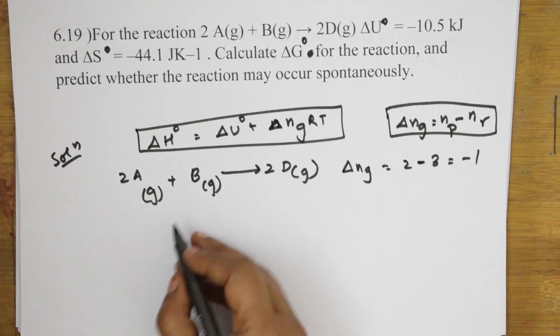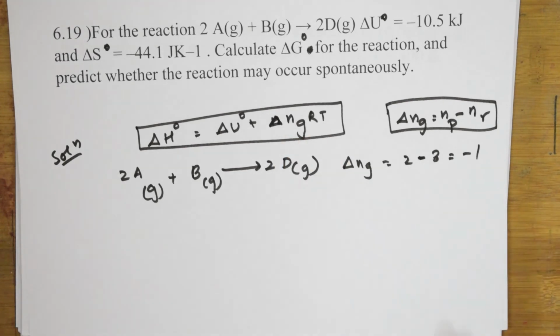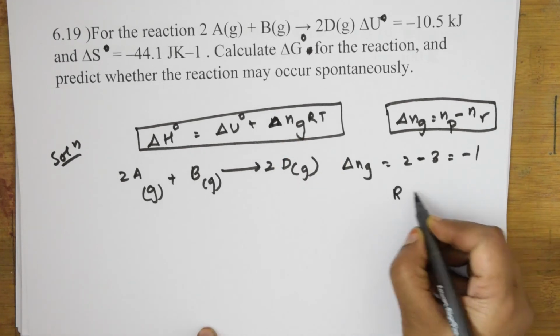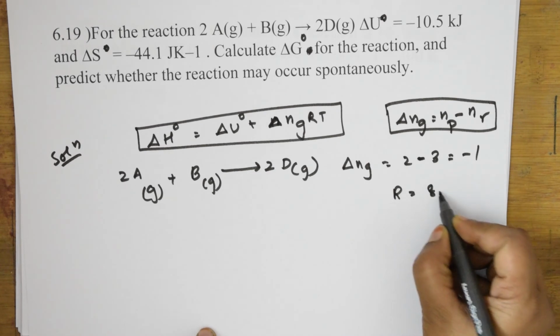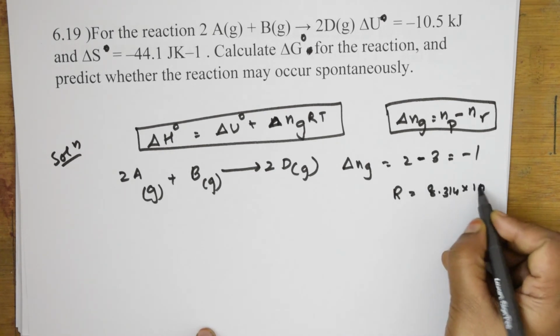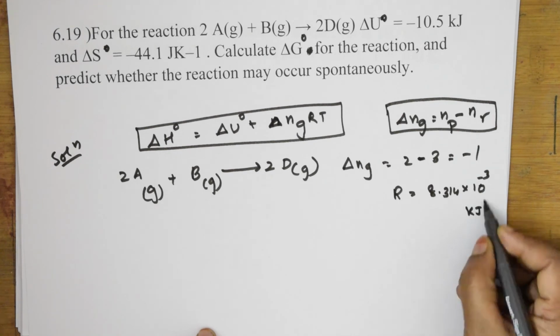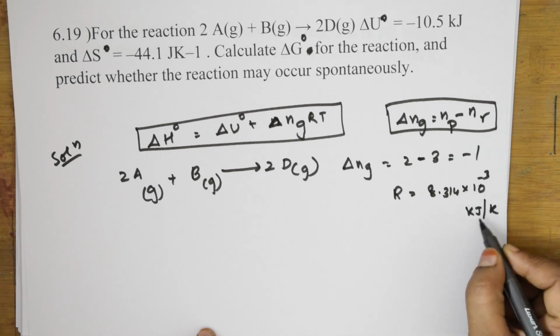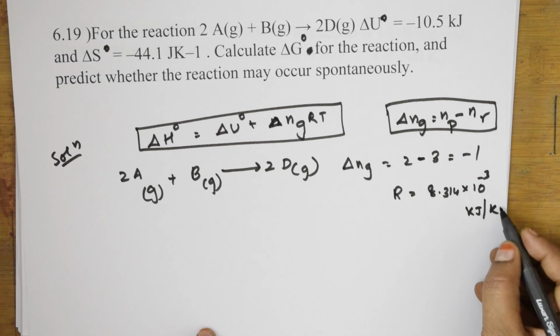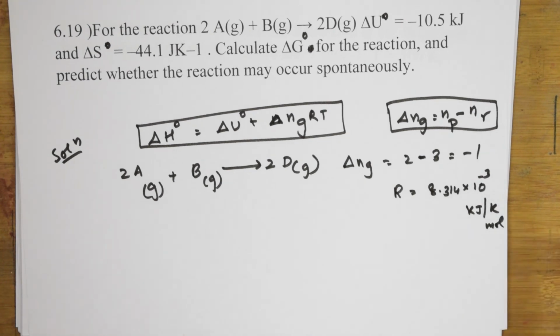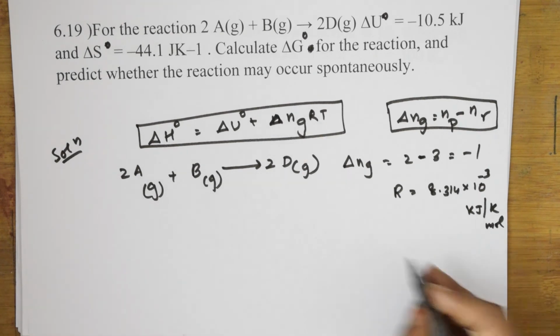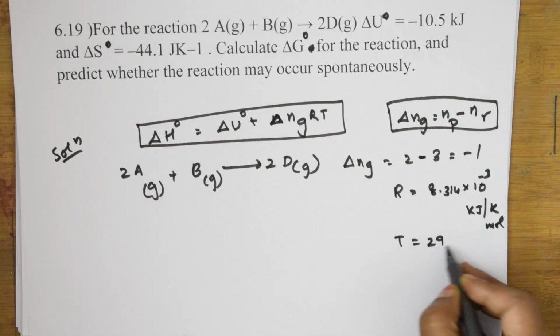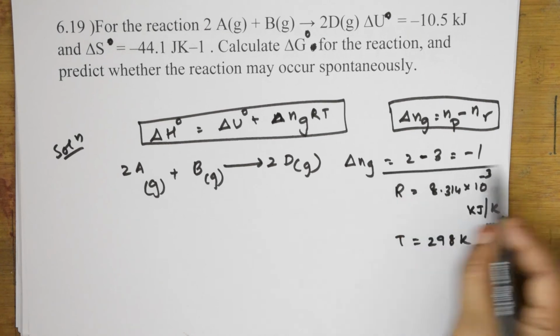Now what should I require? I require R. The gas constant is 8.314 into 10 raised to the power minus 3 kilojoule per Kelvin mole. What is the T value? T is 298 Kelvin. So I have all the values now.